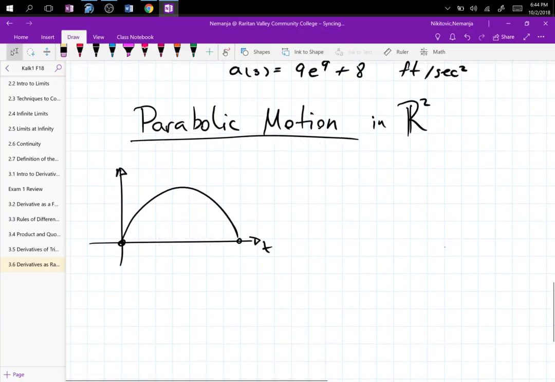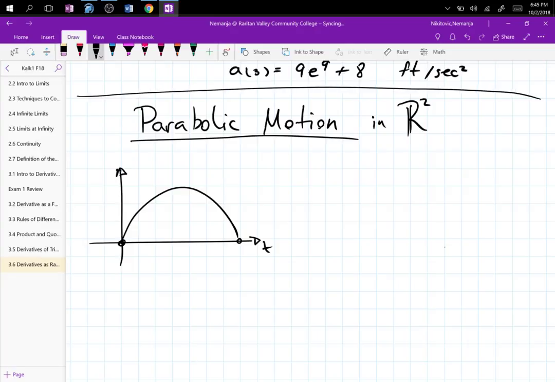Now, as you are learning this, we give you the formula for vertical, let's just call it height.